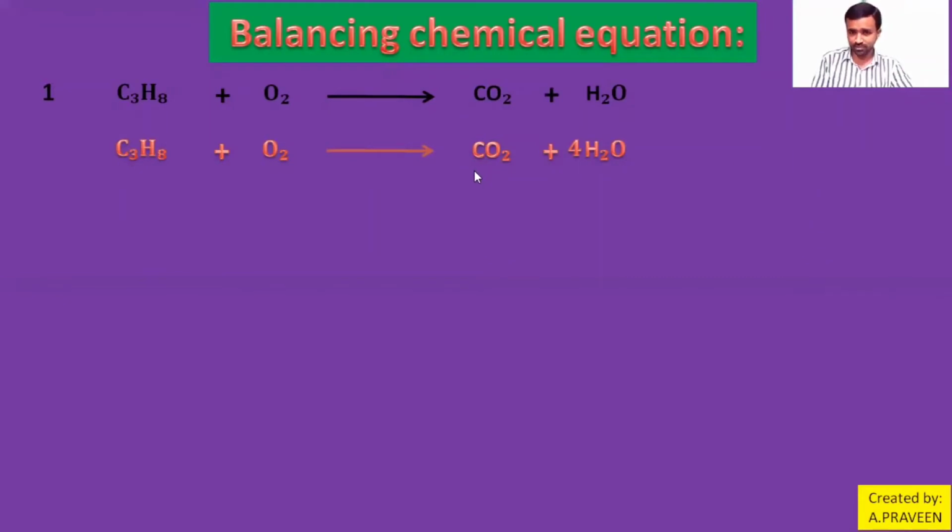So by placing 3 as a coefficient before carbon dioxide, it is balanced. So carbon is also balanced. Then the oxygen count in carbon dioxide is 3 times 2, which is 6, and in the water molecules 4 times 1, which is 4. So 6 plus 4 is 10.